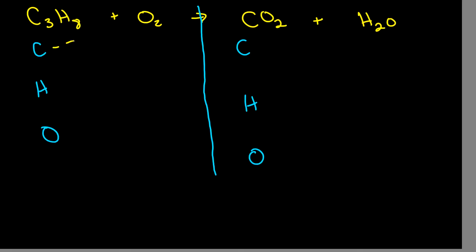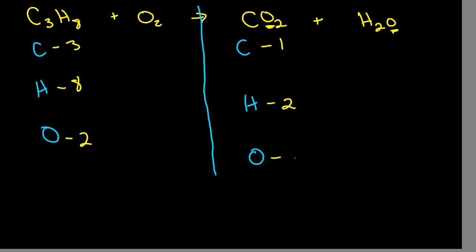So I got 3 carbons, 8 hydrogen, 2 oxygen. 1 carbon, 2 hydrogen. Now my oxygen, if you remember from earlier, we said if you got the same element on one side but separated by a plus sign, you got to add those together.